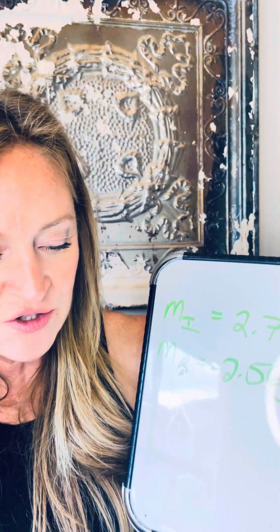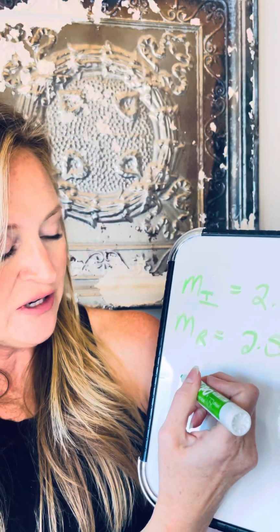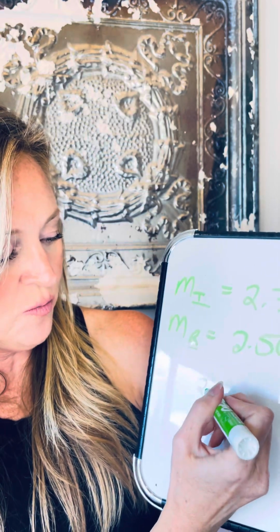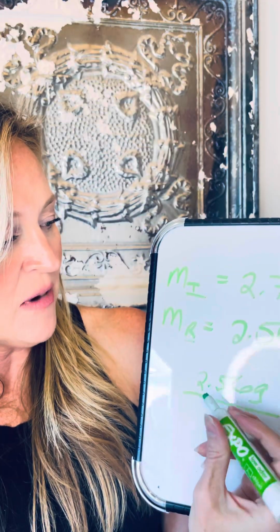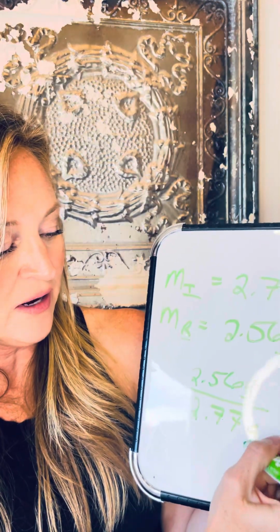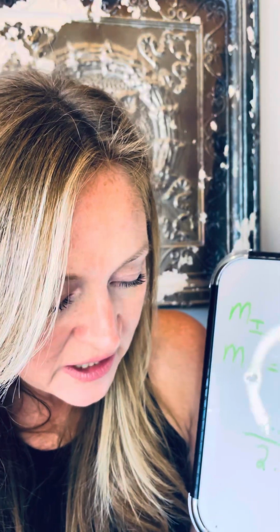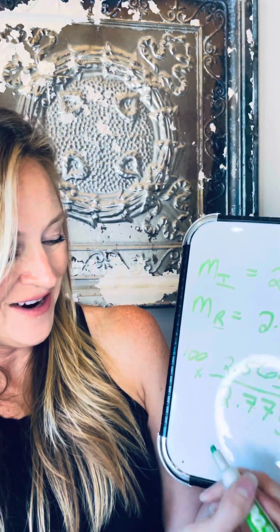So what I'm going to do is just the same for the percent recovered. I'm going to take the amount that I recovered, 2.56 grams, and I'm going to divide it by my initial 2.77 grams, okay? And if I do this, you're going to get a percent times 100, right?